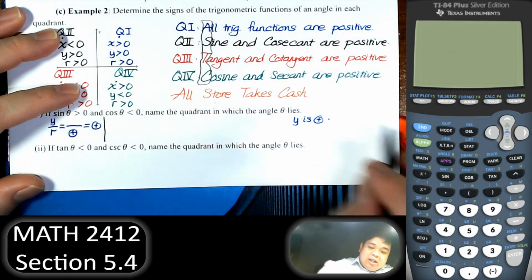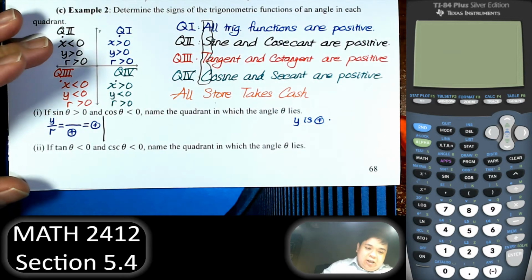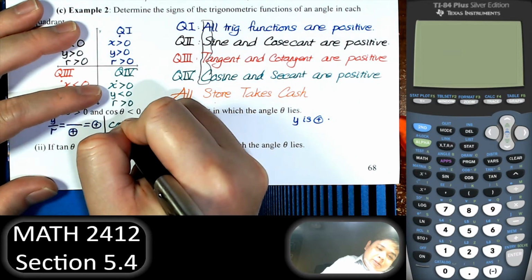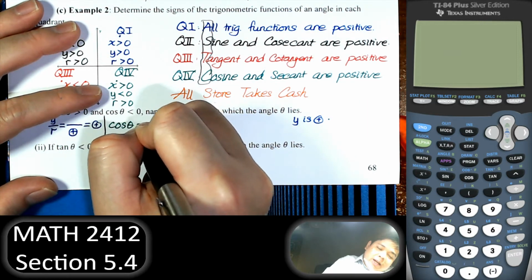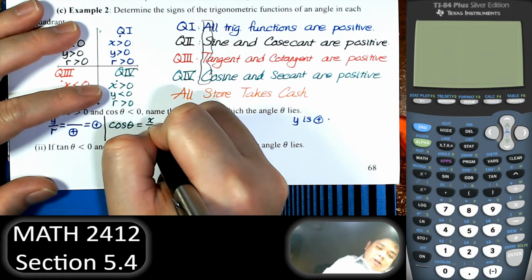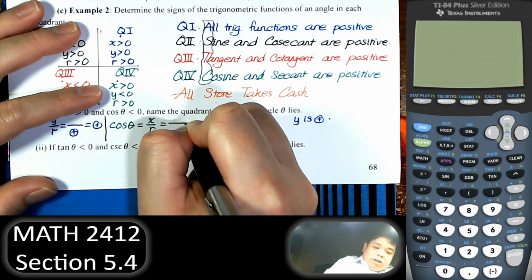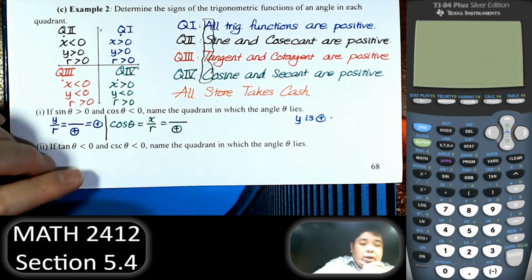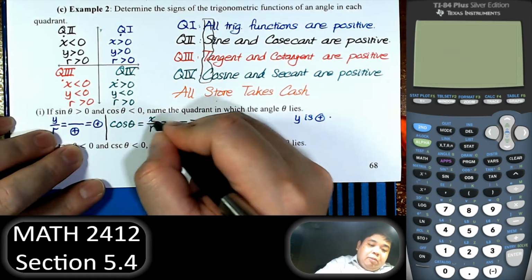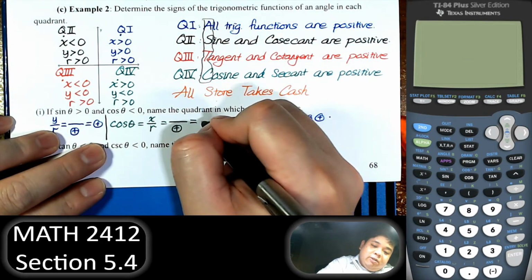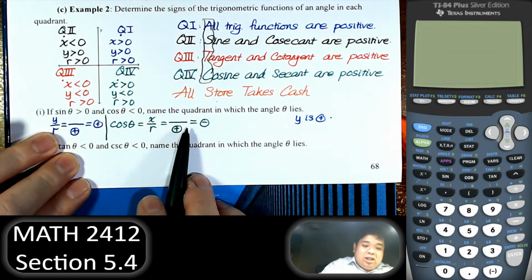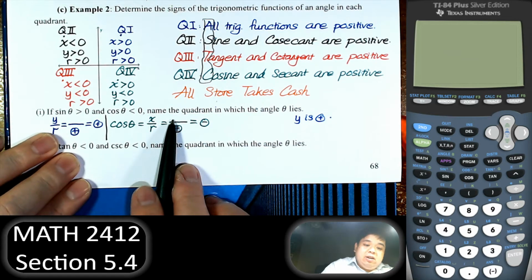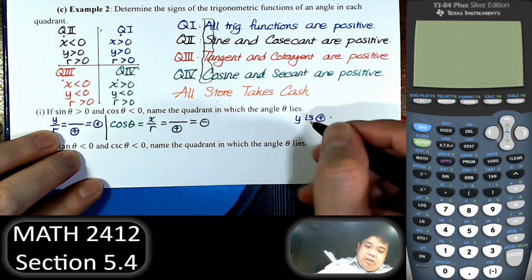Now cosine is negative. Cosine is x over r. We know r is always positive, but the ratio altogether is negative. So because of that, x must be negative to guarantee that this ratio is negative.